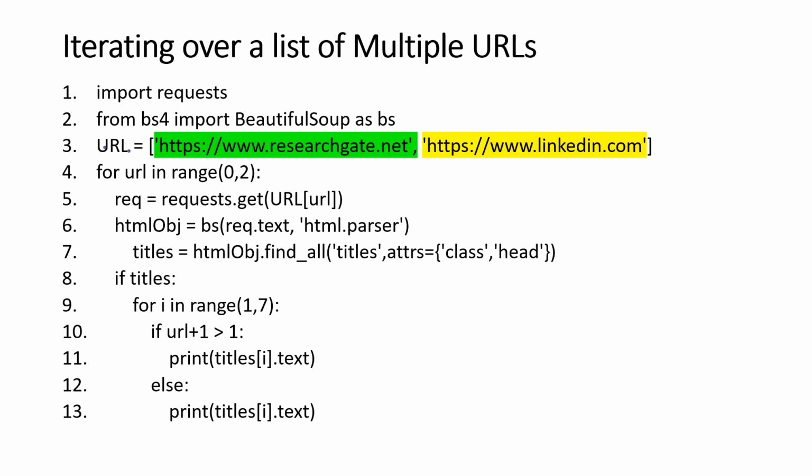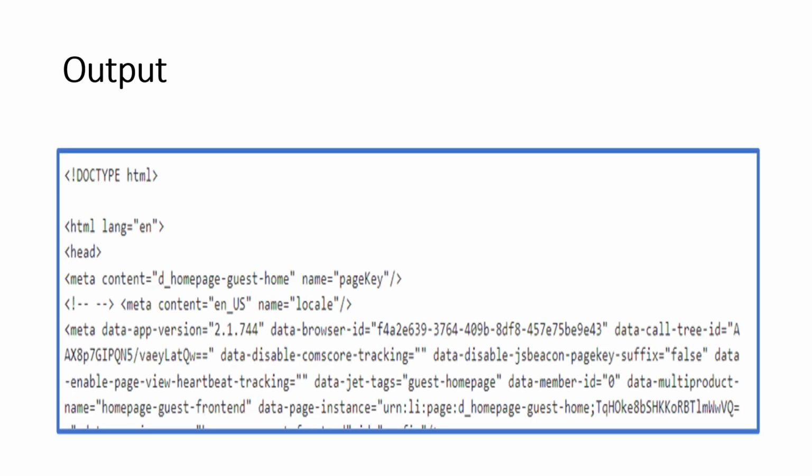Then in a loop, one by one, you have to call the URI, get the content, parse the content, and then search the content for your desired tag. Here I have used title as the tag and of class name head. If the title is available, then I have displayed it. So this is the output of the last program.